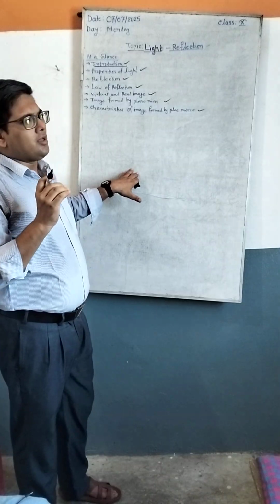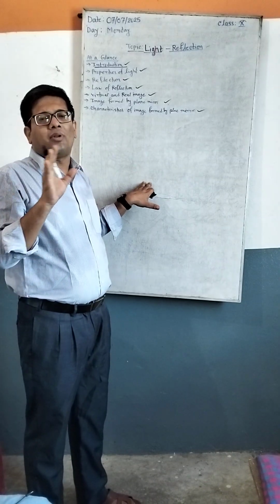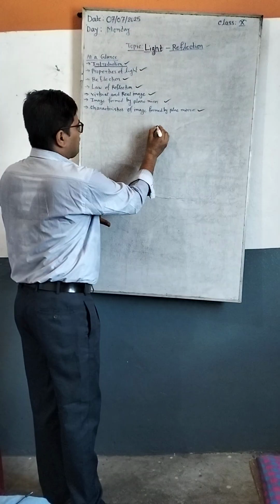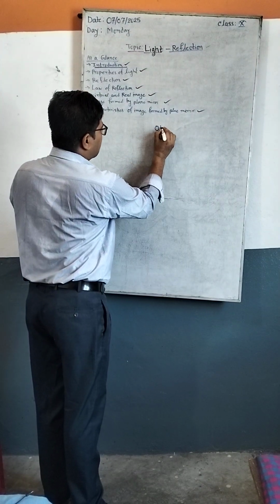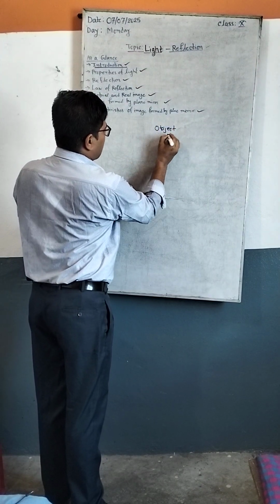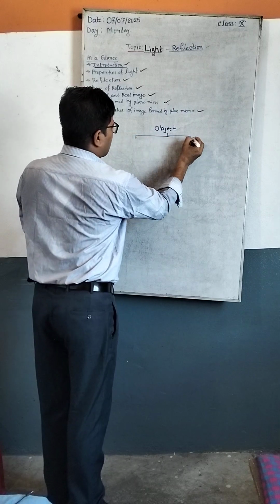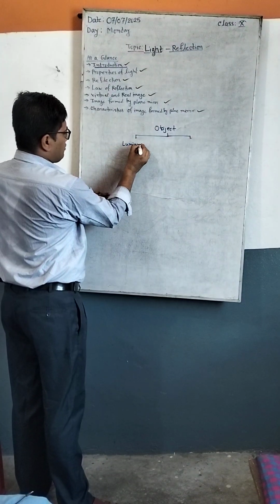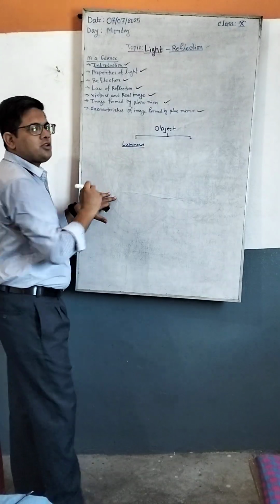Not all objects have their own light. Some objects have light. So now we describe the object classification. There are two types of object. One is called luminous object. What is a luminous object?